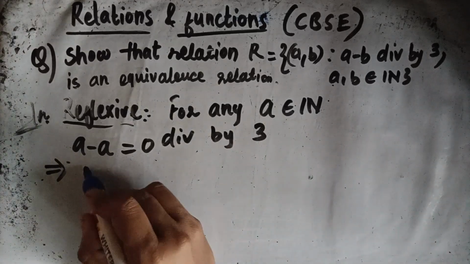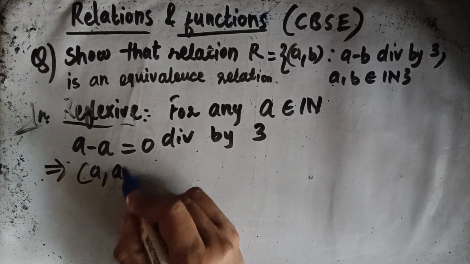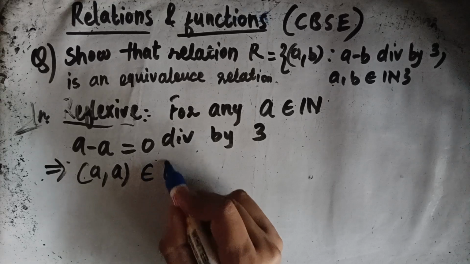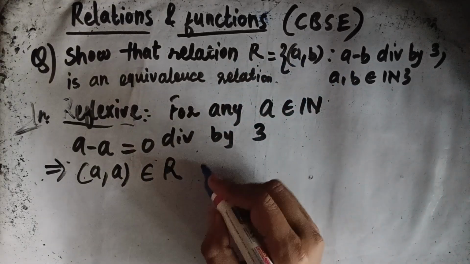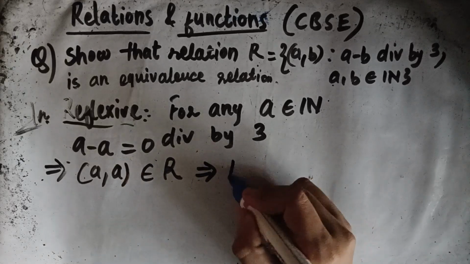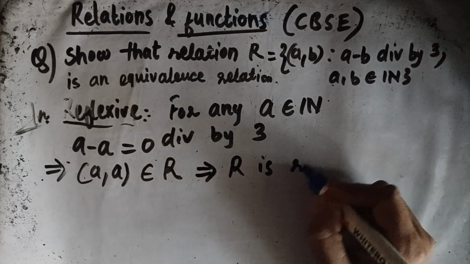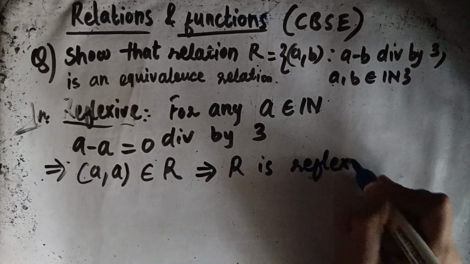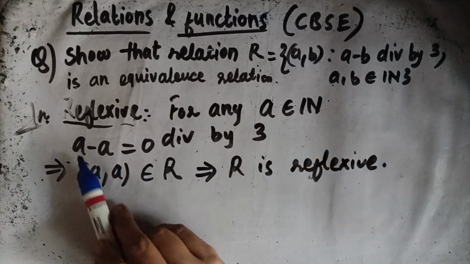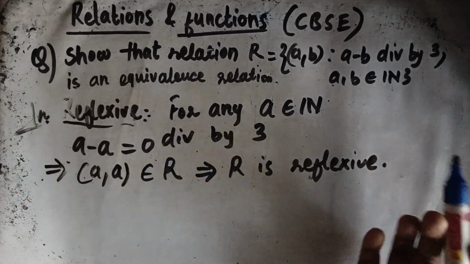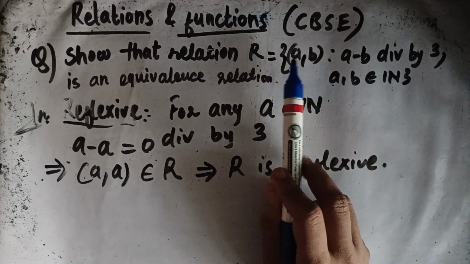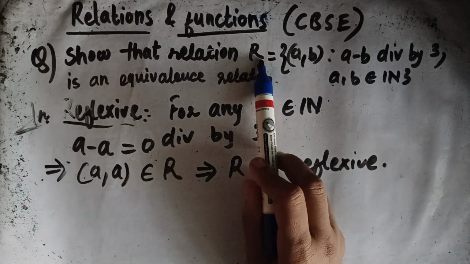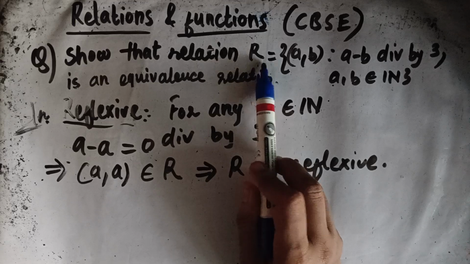This implies our element (a, a) belongs to relation set. So we can say that R is reflexive, because a minus a is 0, 0 is divisible by 3, and by definition this element belongs to the relation set.